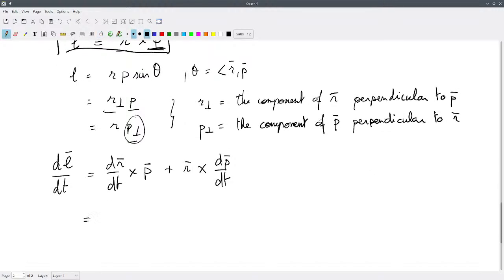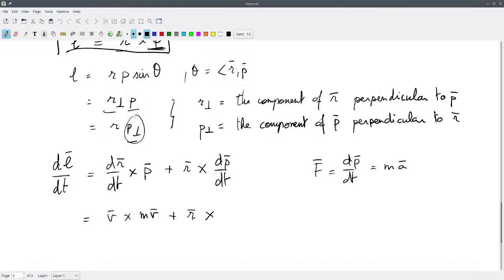Now let's look at this first term here, dr dt, that's v, right? And the momentum, we know that that's m times v, the linear momentum. And then here we have r cross dp dt. You might remember that we wrote Newton's second law as F is dp dt, which is really just m times a, right?